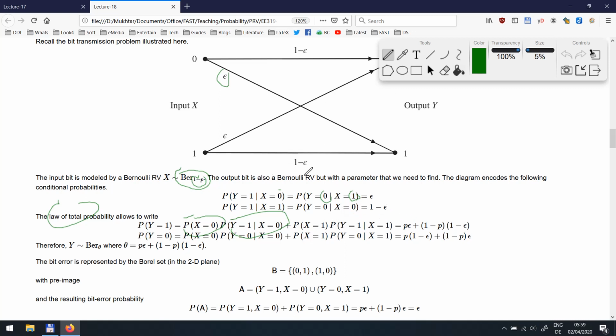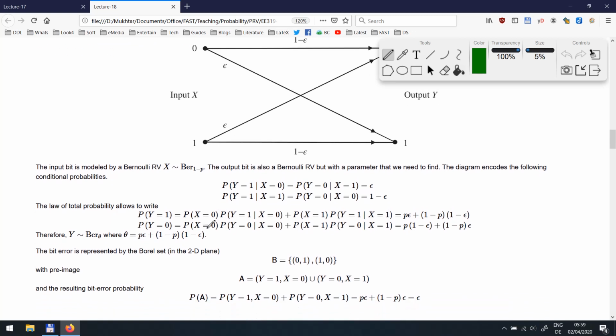So if you plug in all these values, you get this probability. And same goes for 0. A 0 can be received either because a 0 was sent without error, or a 1 was sent and there was an error, so that it became 0. So here you go. Now you have everything you needed, and because there are no other values, the probability of y taking any other value will be 0.